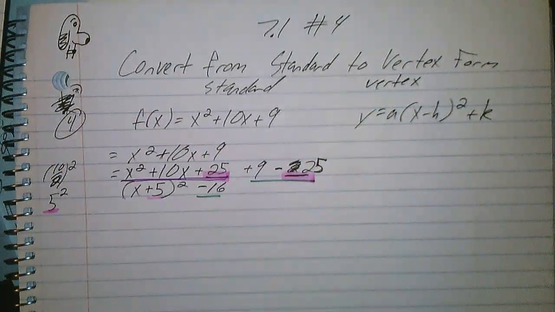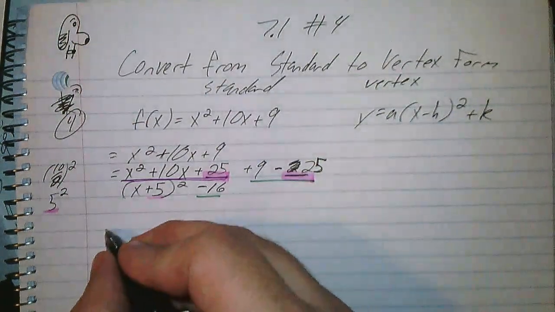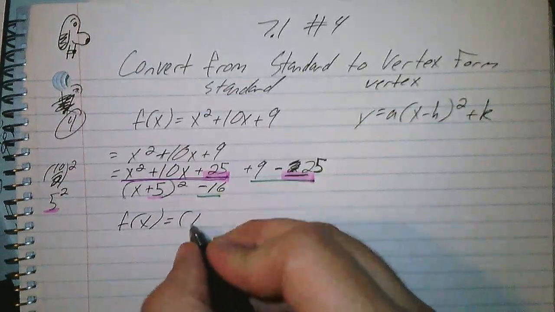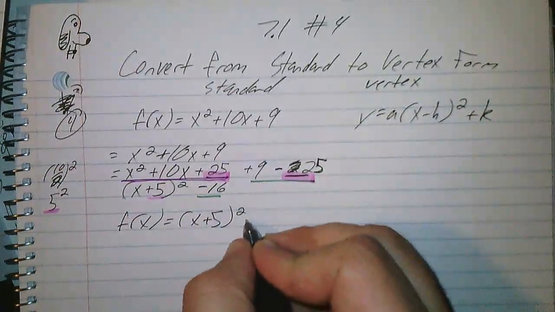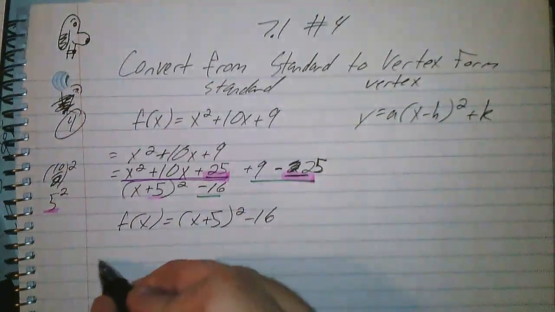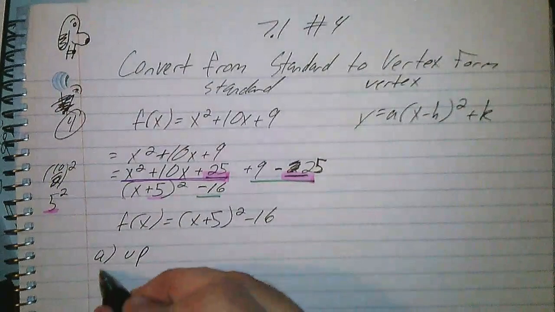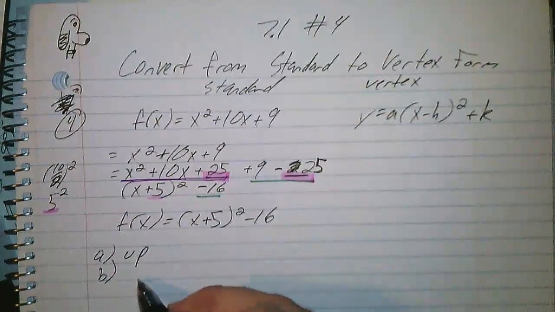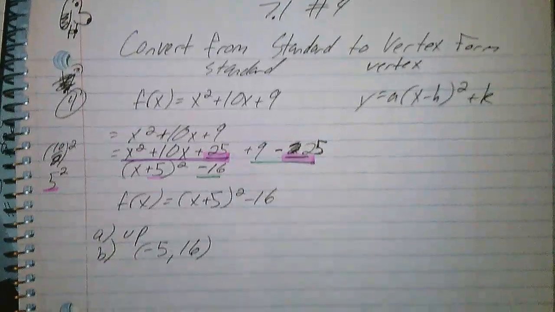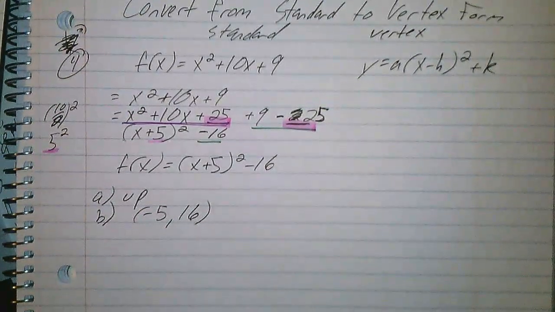And now this problem works like everything else, because now we have our f of x equals x plus 5 squared minus 16. We know that we open upwards. We have a vertex at negative 5, negative 16, and we can keep going.